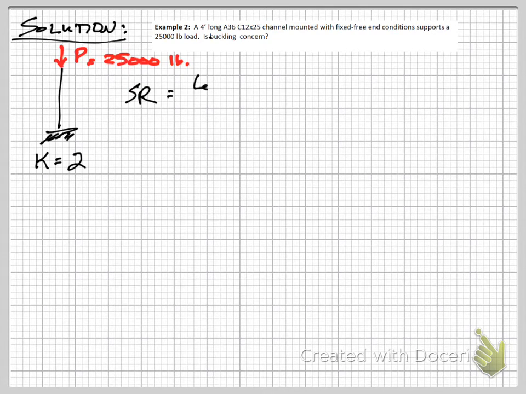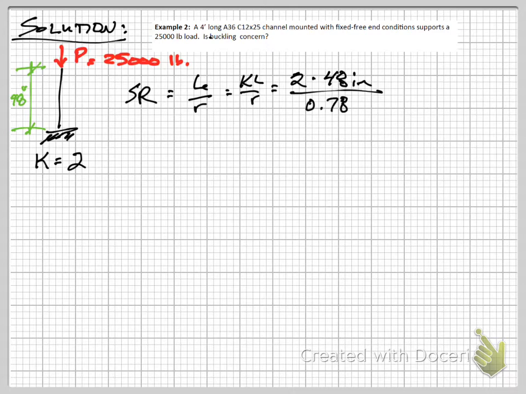That's the effective length over R, which is KL over R, so 2 times our 48 inches, because our length of member was 48 inches, divided by our radius of gyration for this particular channel. You can look that value up, 0.78 inches. And I get a value of 123.